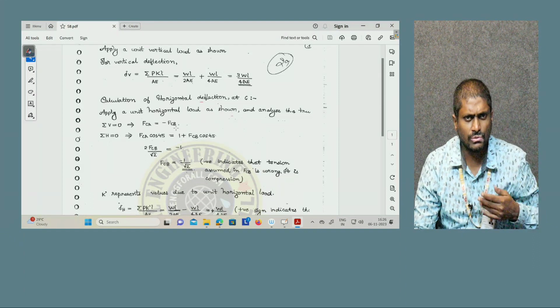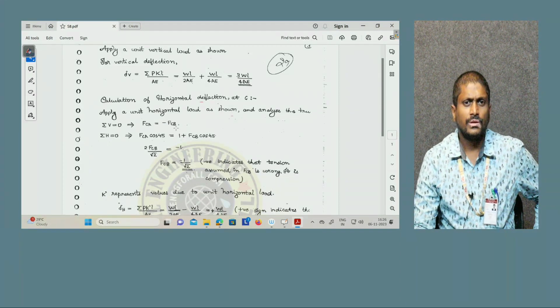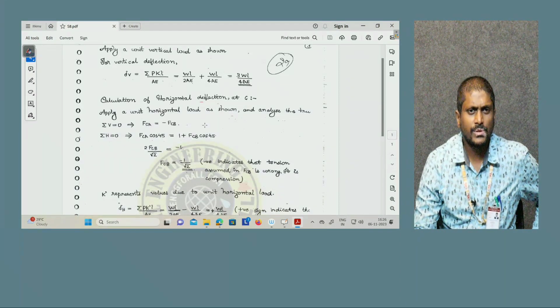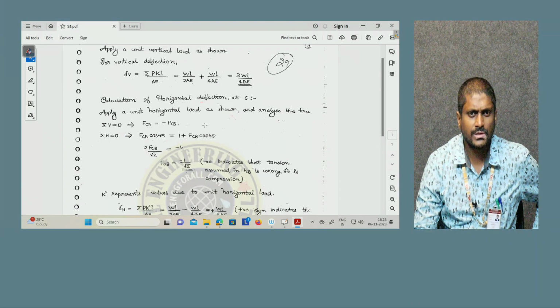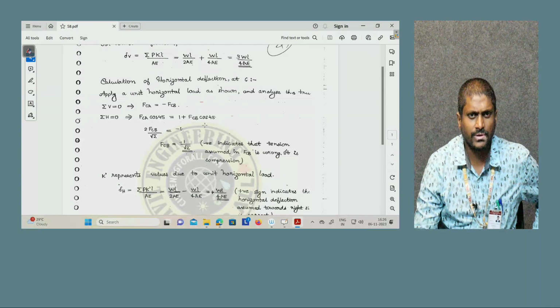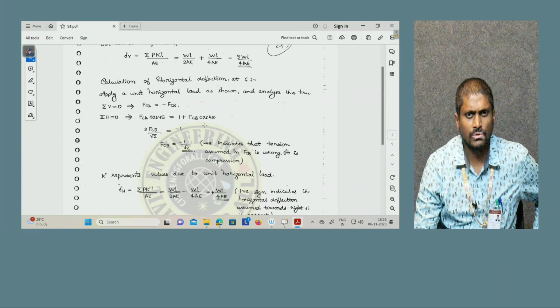Delta V equals to 0 and FCA equals to minus FCB, and the summation of H equals to 0, so summation of FCA cos 45 equals to 1 plus FCB cos 45. 2 FCB by root 2 equals to minus 1, FCB equals to minus 1 by root 2.